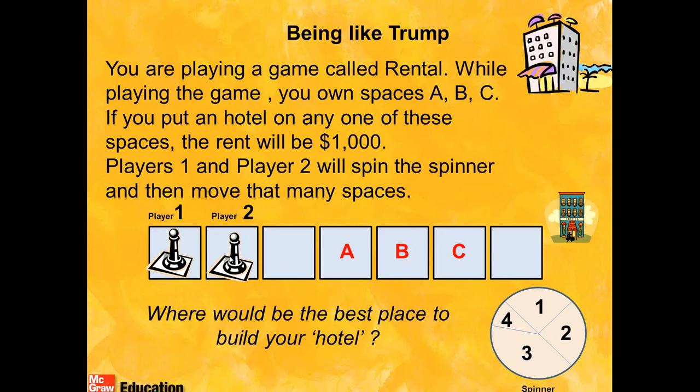As you look at where player 1 and player 2 are, and where spaces A, B, and C are, where would the best place to build your hotel be? In space A, space B, or space C? And what I want you to do is think about that in terms of what the opportunity is. So let me open the poll.